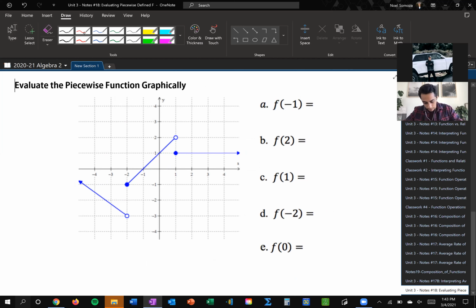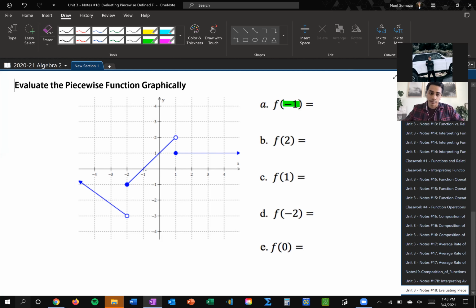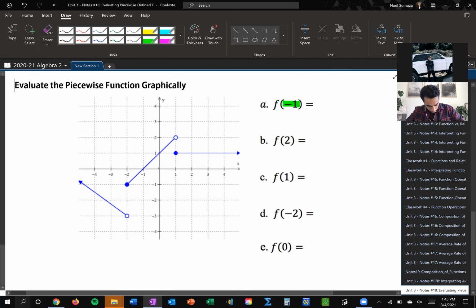All right, so now we're looking at output when input is -1. What is our output at -1? I know I skipped the page. I went straight all the way down to page 4. Okay, the graphing we're going to do next lesson. Right now we're just doing evaluating. All right, so when x is -1, we move over to -1 and we're already on the graph.